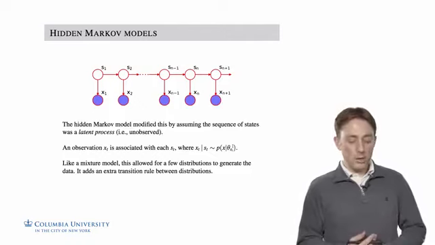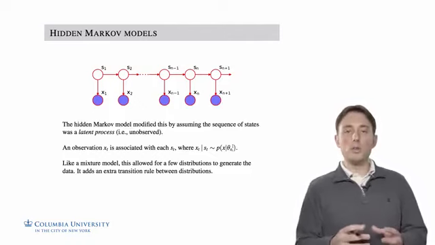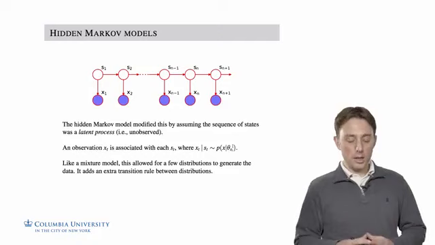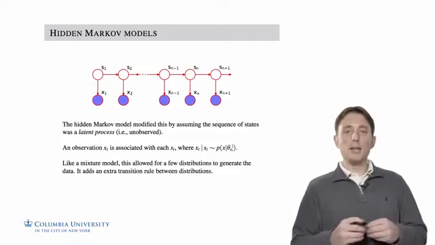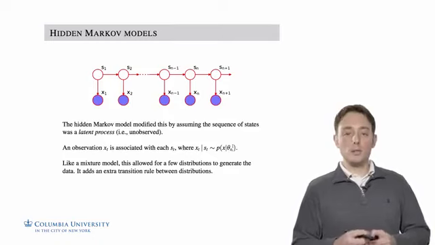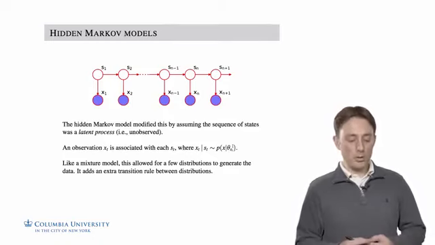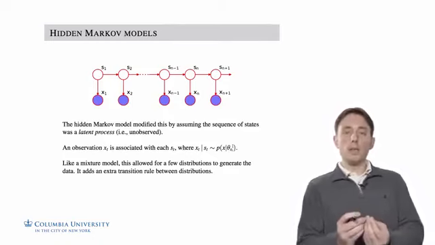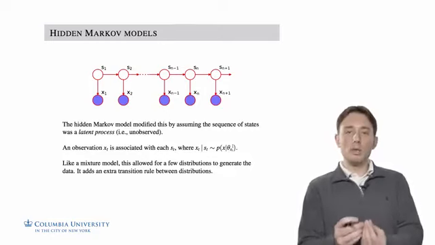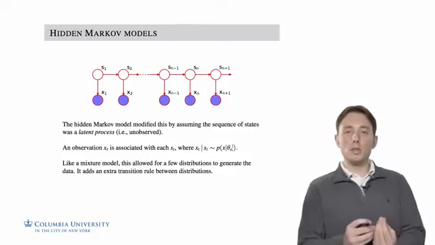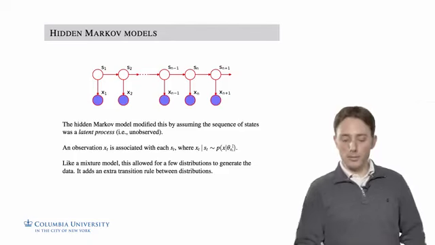Similar to a mixture model, this allowed for a few distributions to generate the entire data set, but it added an extra transition rule not present in the Gaussian mixture model or in the general mixture model framework, where the distribution chosen at one time point was dependent on what distribution was chosen at the previous time point.